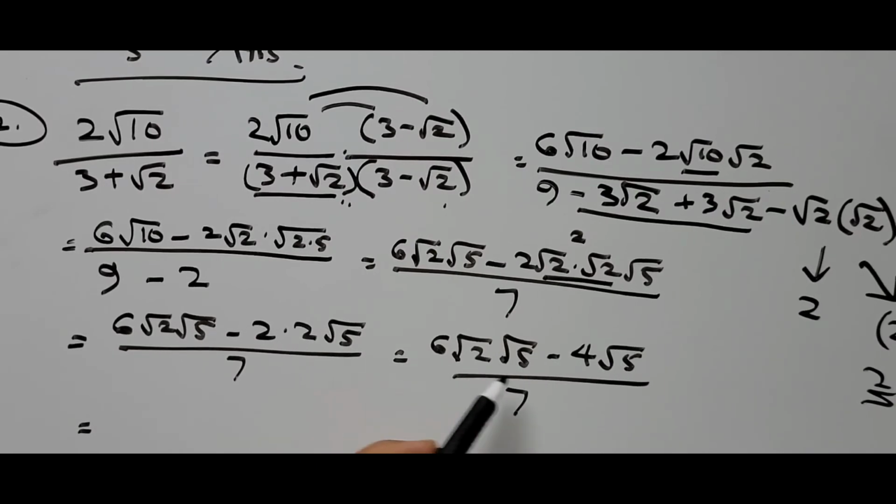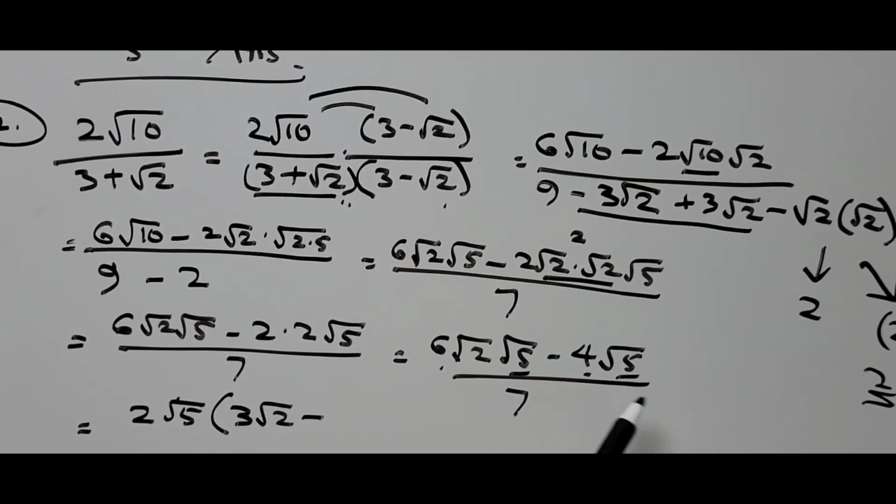Okay, now we have here, we can factor out the square root of 5, and then factor out the coefficient of 4 and 6, factor out 2 out of that. So that's 2 square root of 5 multiplied by, so 3, since 3 times 2 is 6 and the square root of 2, minus what's left on the right side, factoring 2 out of 4, that's 2, divided by 7.